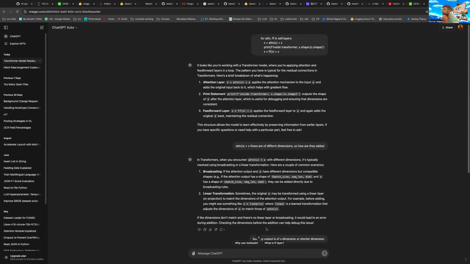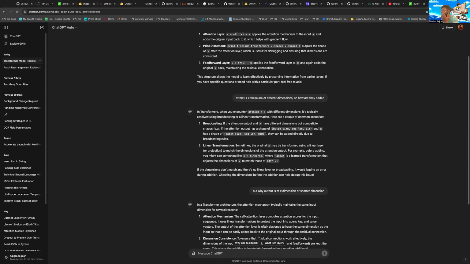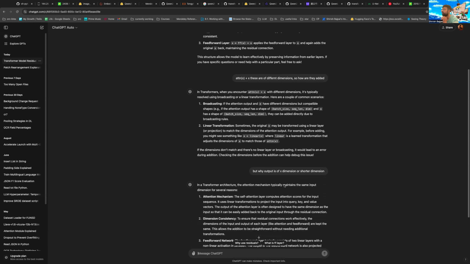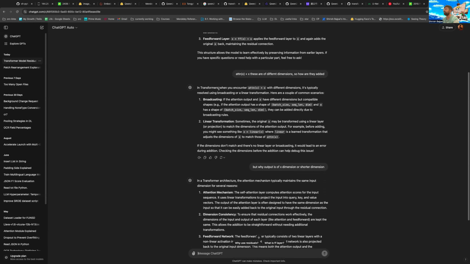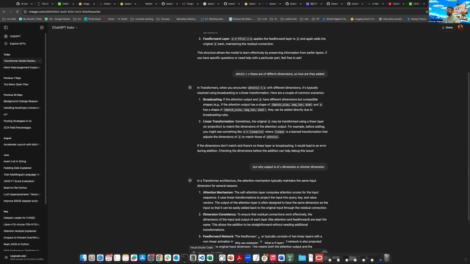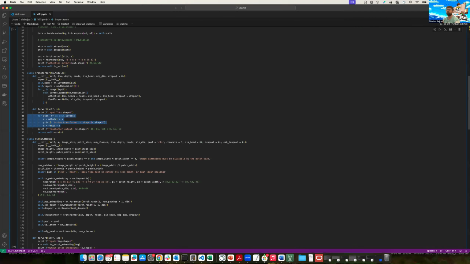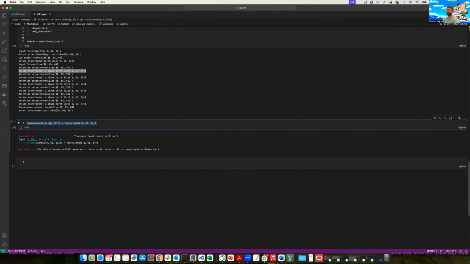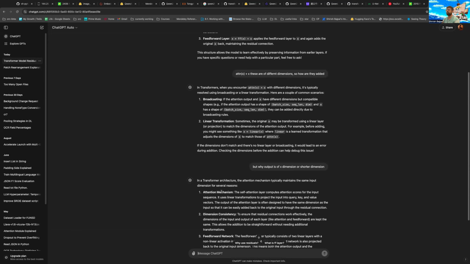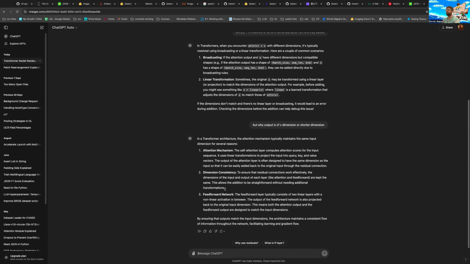Now this is fine. They are saying this might be an implementation detail. So when we add, there is a linear projection and all. So they're saying there will be a linear transformation and all, that's fine.